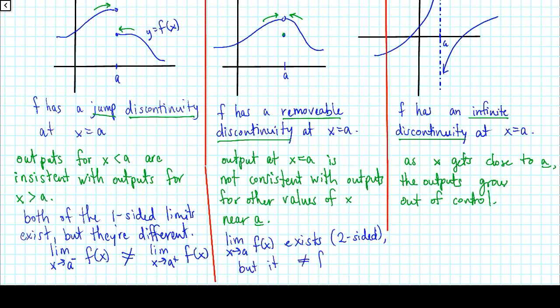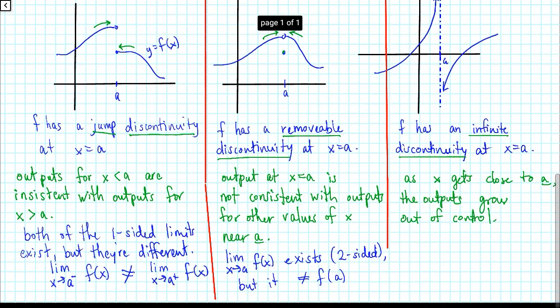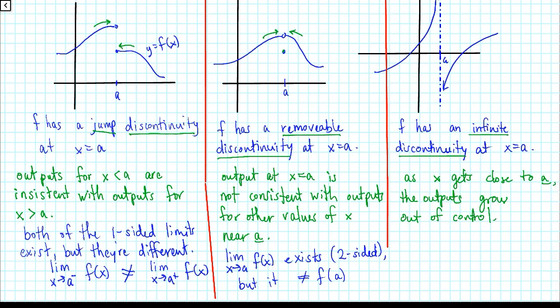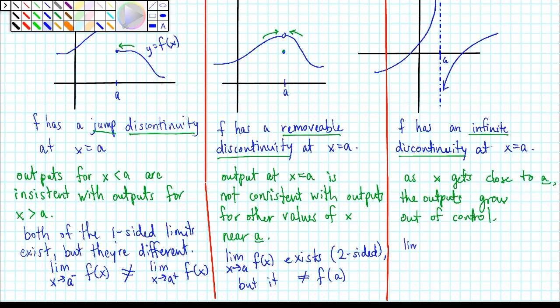I also want to point out the removable discontinuity would still be a removable discontinuity if f was not defined at a, as long as the limit as x approaches a of f of x exists as a finite number. And the infinite discontinuity is when the limit as x approaches a from the left or from the right is an infinite limit, so plus or minus infinity.